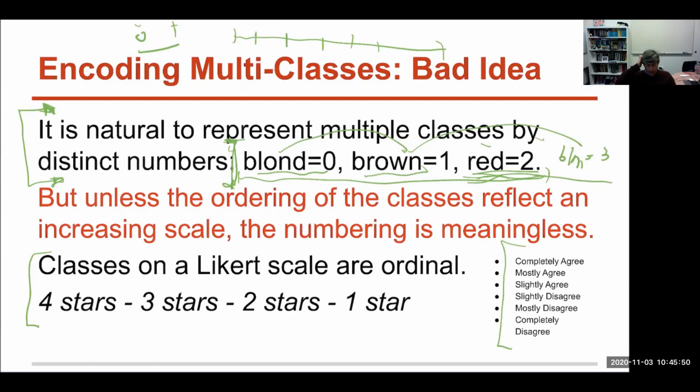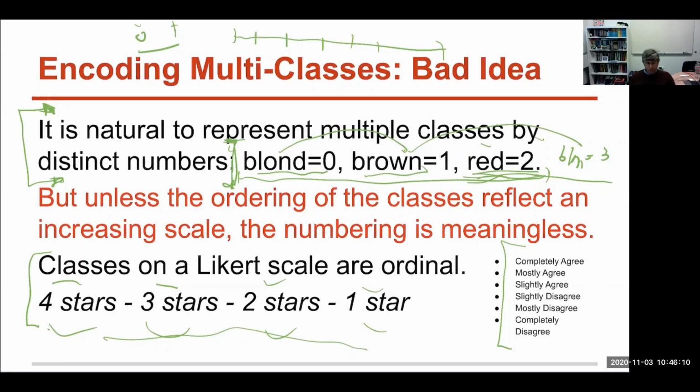You could treat that as a multi-class classification problem, saying there's 4 different types of movies: fabulous, good, fair, and terrible. Or you could treat the number of stars as a measure of quality.